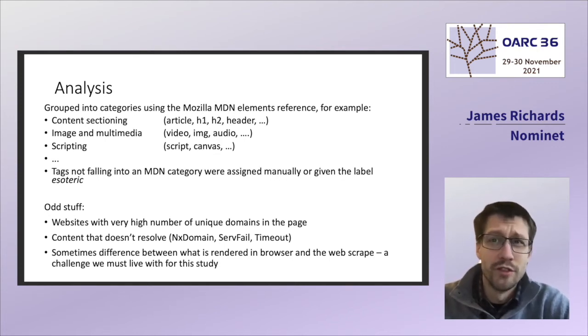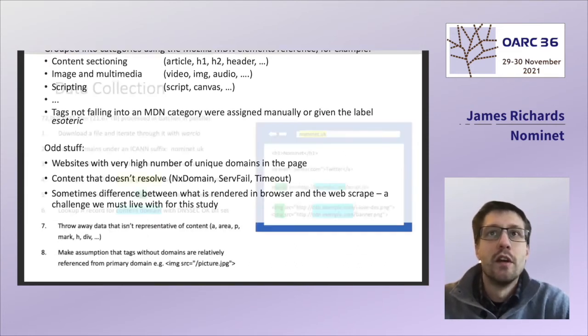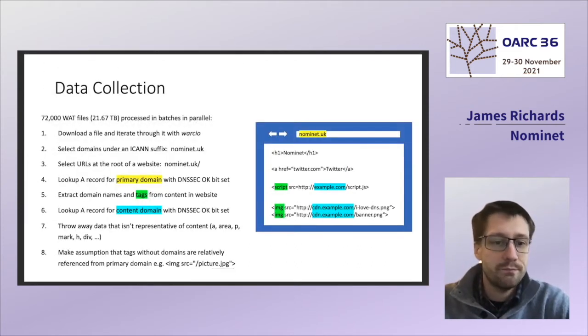We see domains that don't resolve. And obviously we see a difference sometimes between what's been crawled from an automated machine versus what would be rendered from a real browser with a real pair of human eyeballs on it. So these are just challenges we have to live with for the study, but I've tried to make some assumptions that remove that variability.